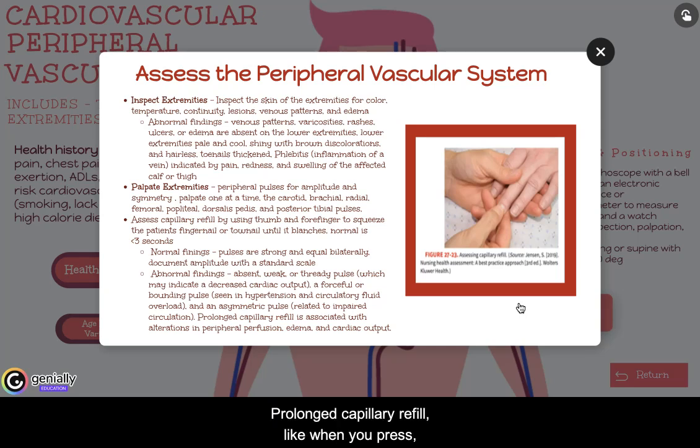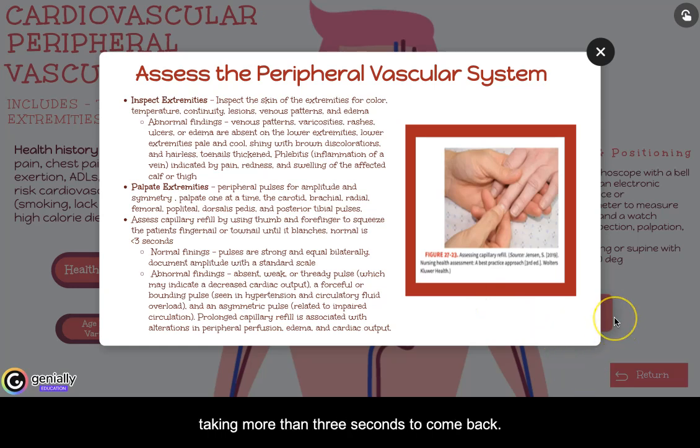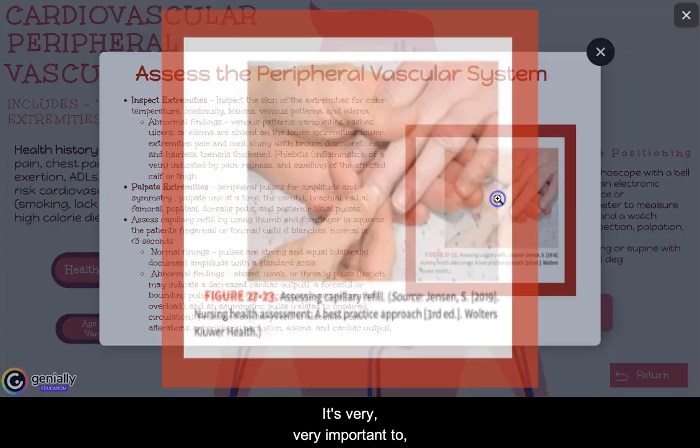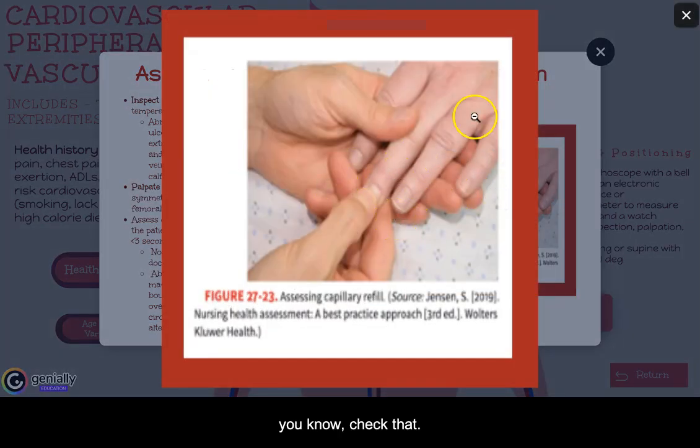Prolonged capillary refill, like when you press on the patient's fingernail or toenail, their coloration is not coming back, taking more than 3 seconds to come back. That can indicate alteration in peripheral perfusion and decreased cardiac output. It's very, very important to check that.